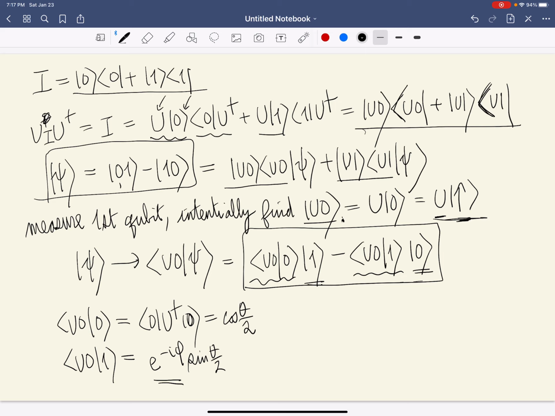Okay, so now that means that this collapsed wave function is cosine of half theta 1 minus e to the minus i phi sine of half theta 0.